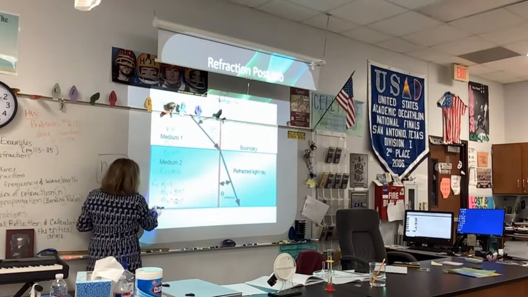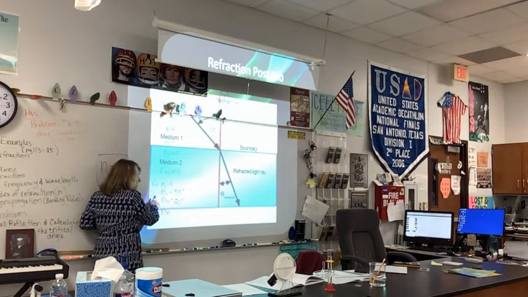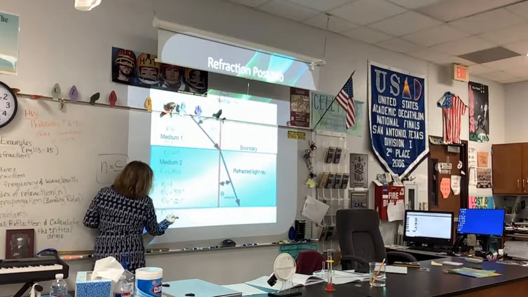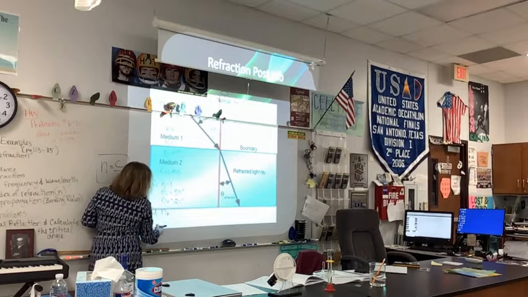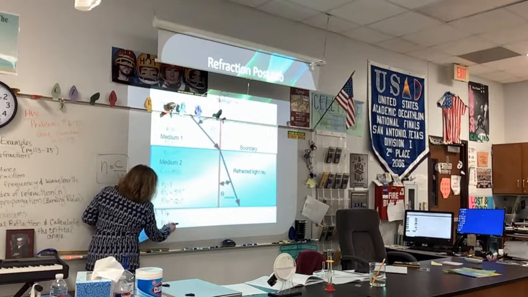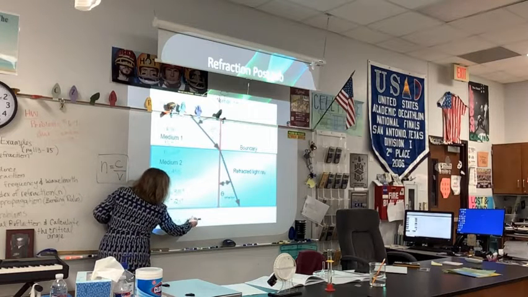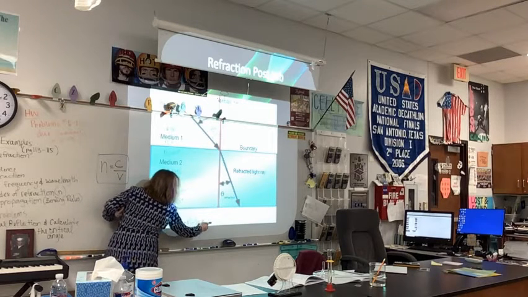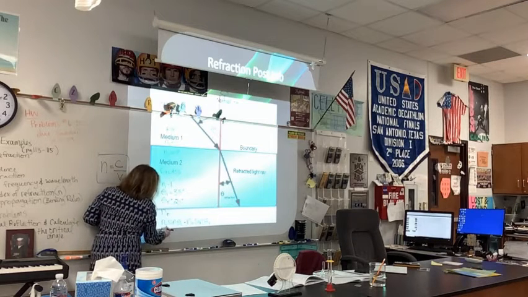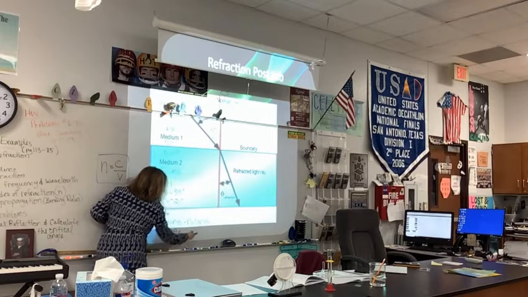That seems good. So what we want to calculate is the index of refraction for the glass. That's supposed to be a subscript. So I'm going to use Snell's law. I'll write it right here. Ni sine theta I equals Nr sine theta R. I want to solve for Nr, so I'm just going to divide by sine theta R on both sides.